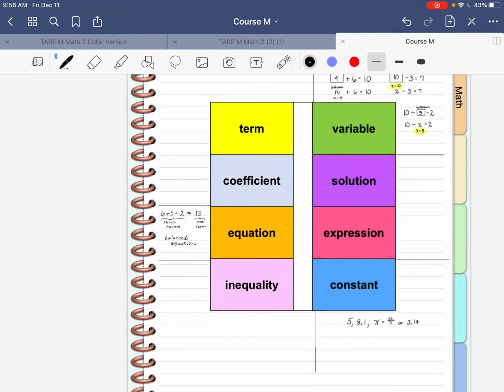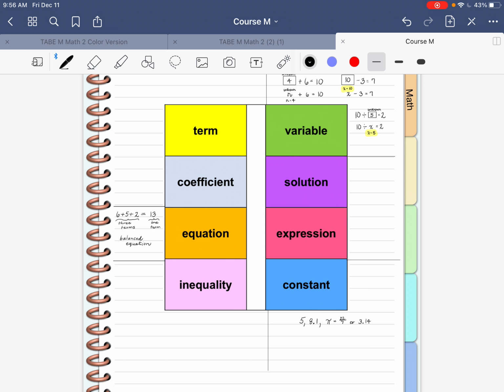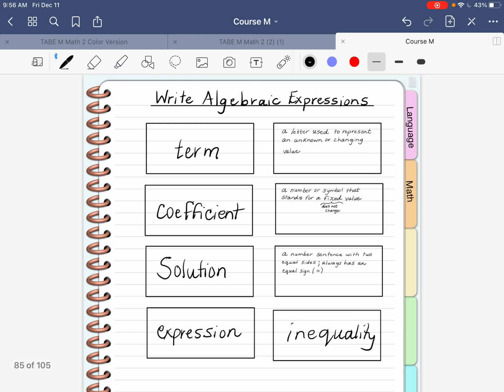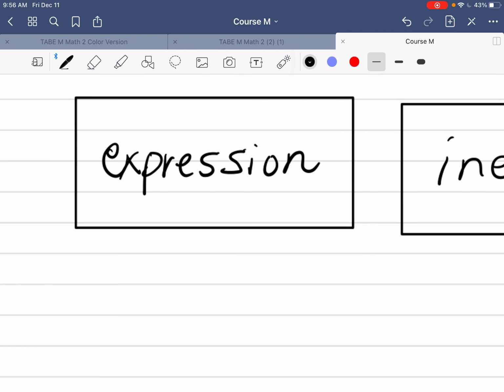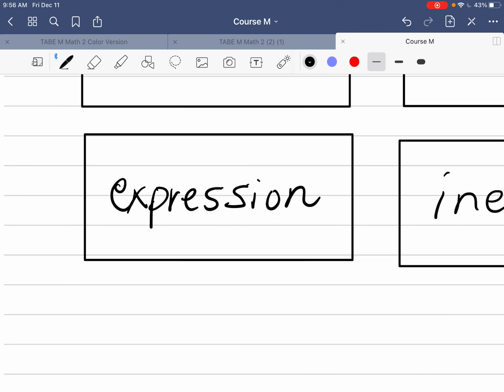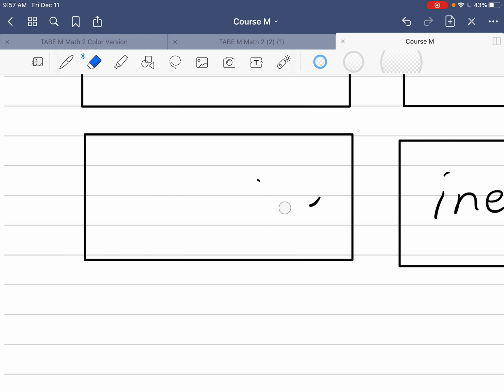Okay, if it's not an equation, if it doesn't balance or if it doesn't have an equal sign, it's called an expression. So let's take this term, expression. First of all, I want you to know that expressions do not have an equal sign.